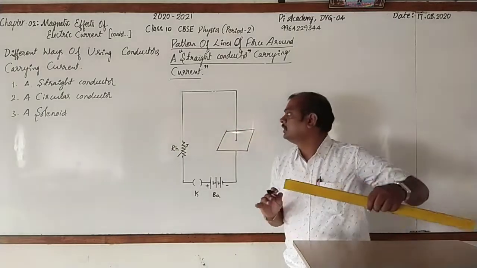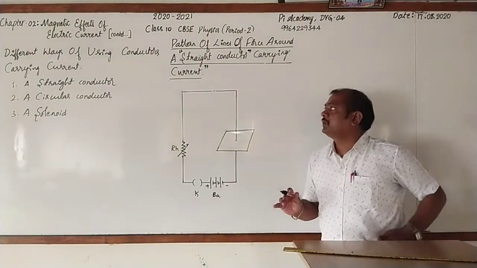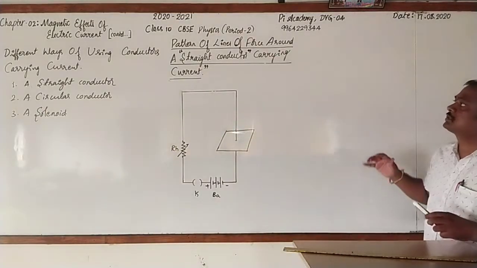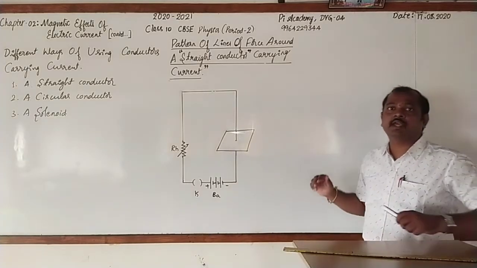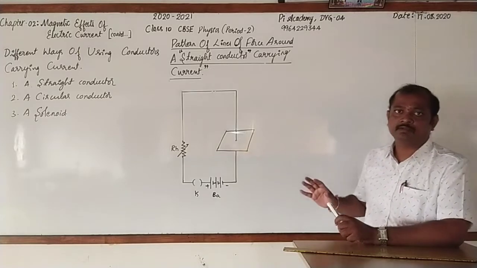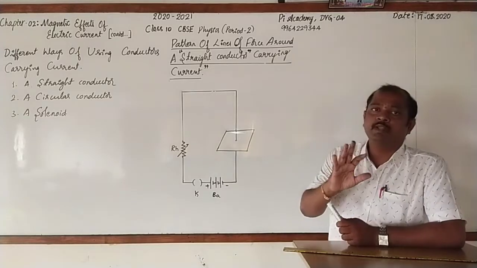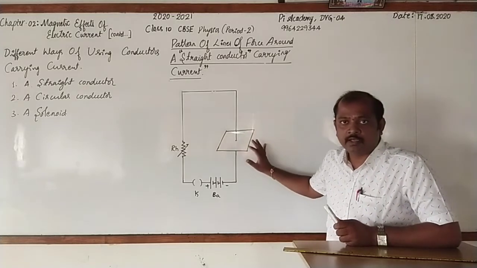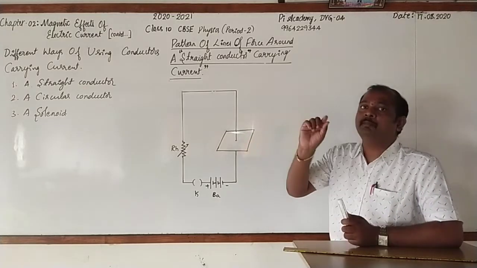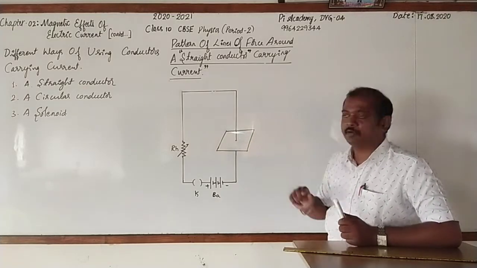Got it? Yes. Then, how can we study the pattern of lines of force around the straight conductor carrying current? Let me explain this. Very simple. The first point: take a square cardboard and make a pinhole at the middle.